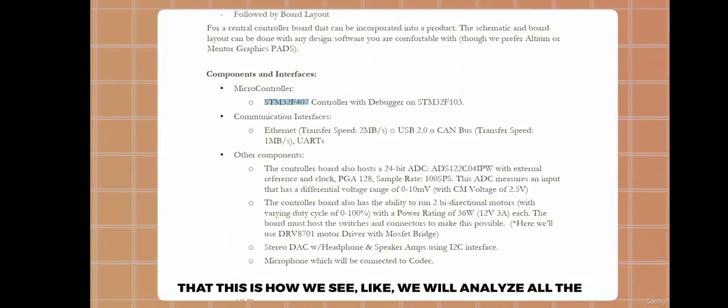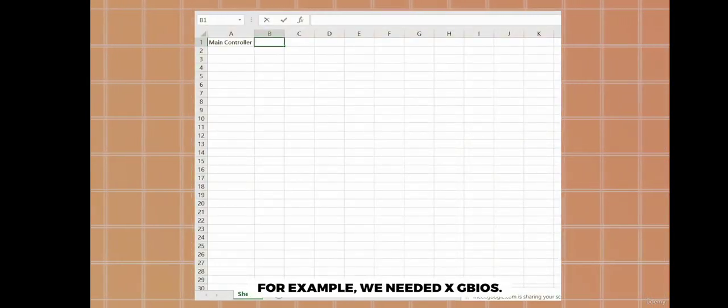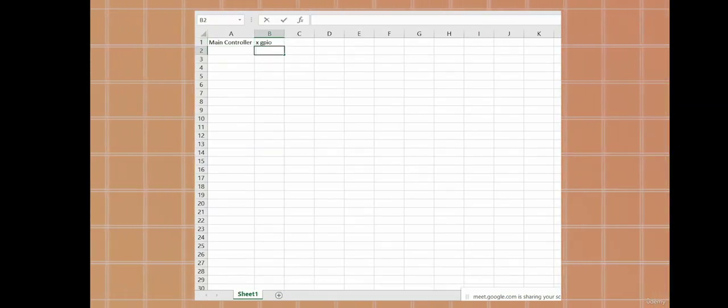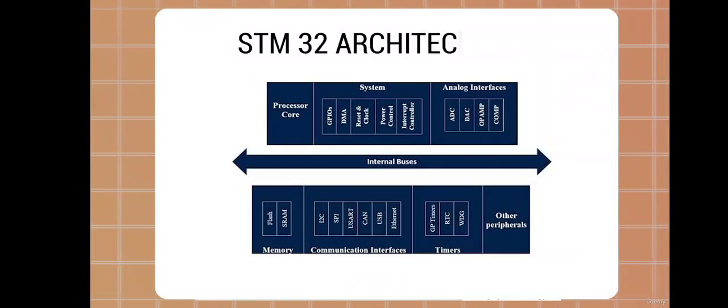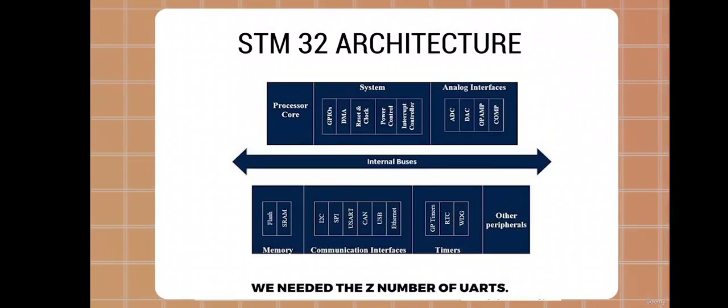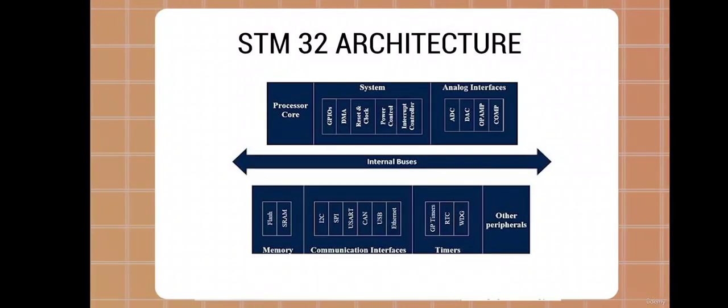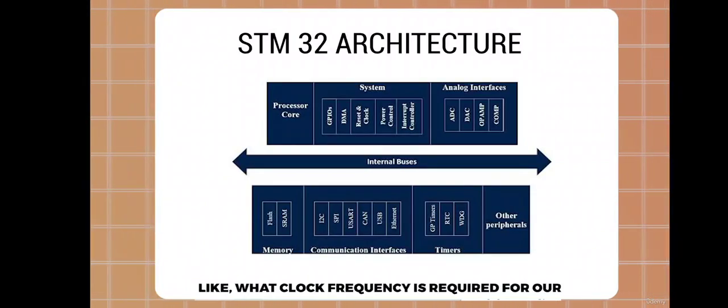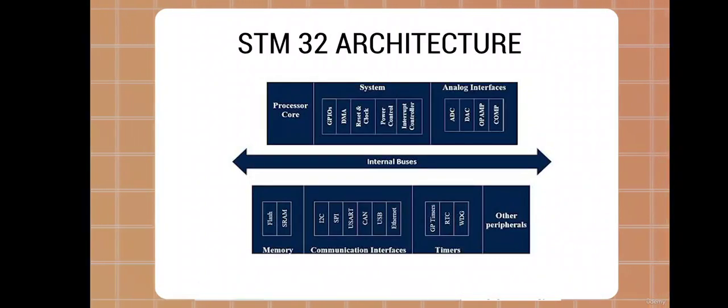So this is how we will analyze all the peripherals. For example, we need X GPIOs, right? We need Y number of I2Cs, right? We need Z number of UARTs, and again clock frequency is an option that we need to define, like what clock frequency is required for our project, right?